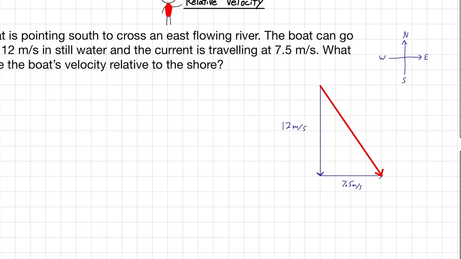In other words, this is going to be the velocity of the boat relative to the ground, whereas this is the velocity of the boat relative to the water.